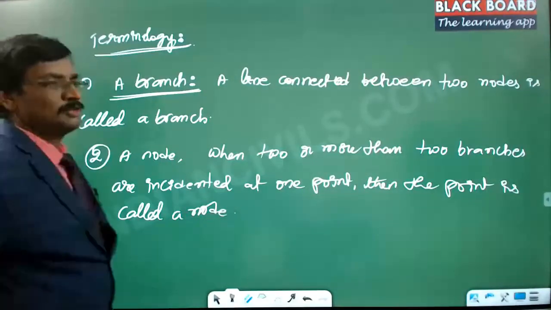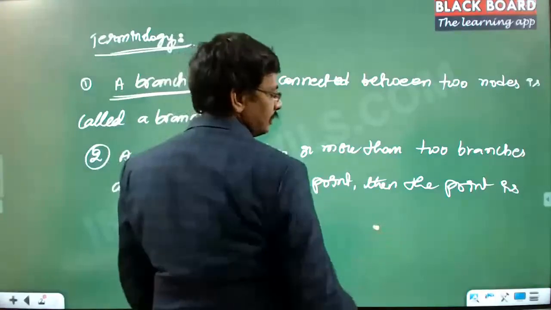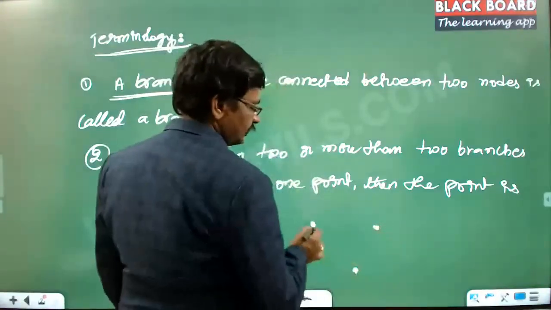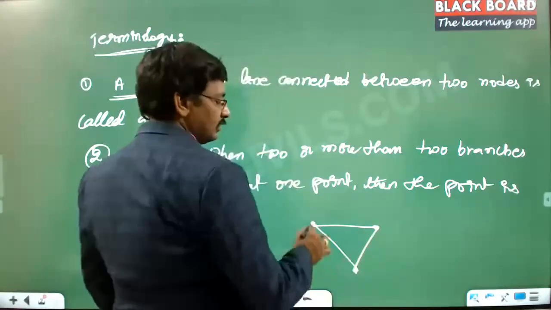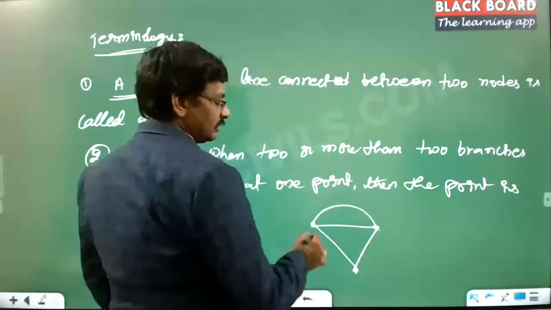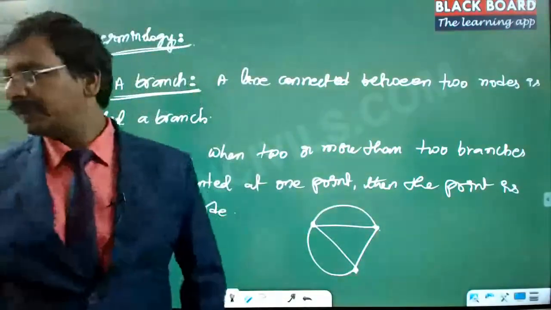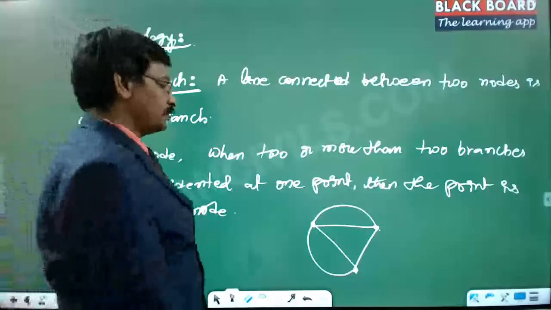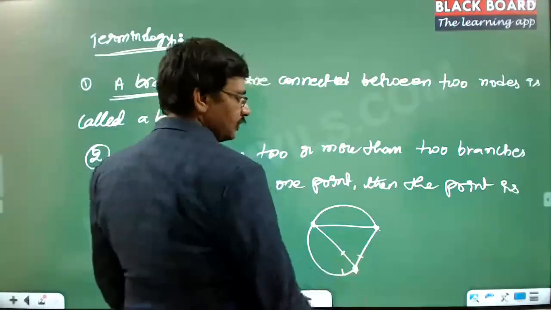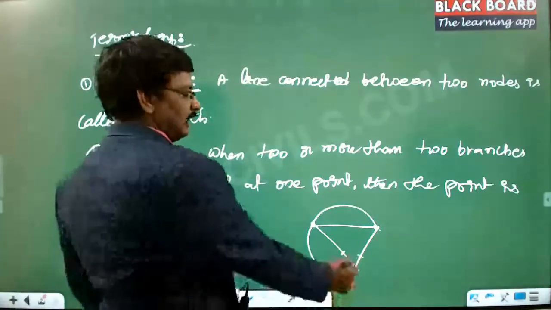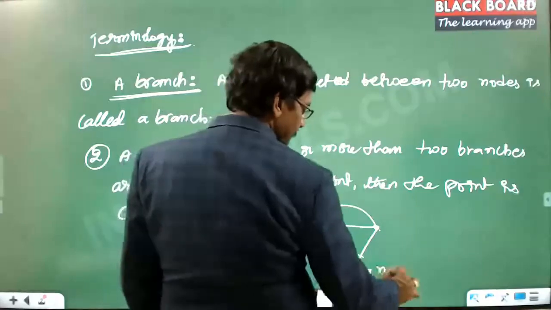Suppose there is one node here, one node here, and one node here. Now you can connect like this, like this, and like this. You can even have one more connection like this, and one more like this. Now this is a graph. At this location, 1, 2, 3, three different branches are connected to this particular node, and this point is called the node.